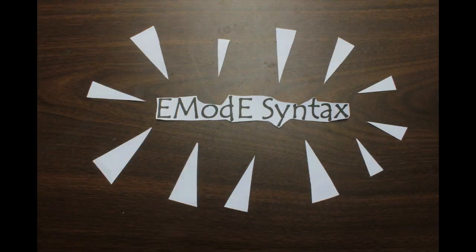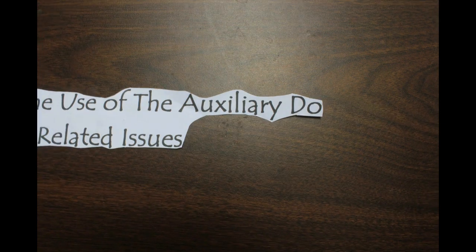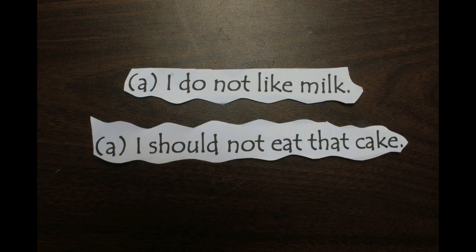Early modern English syntax. The use of the auxiliary do and related issues. Here is the example. I do not like milk, and I should not eat that cake. In the first sentence, do is used to express negation. It is a dummy auxiliary because it doesn't add anything to the meaning of the sentence.